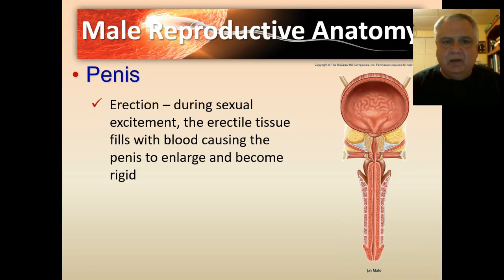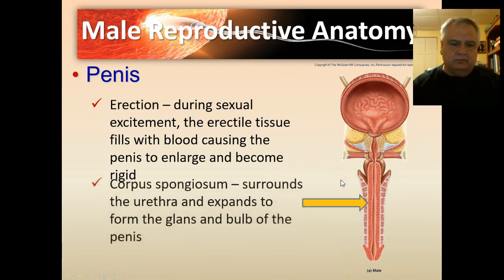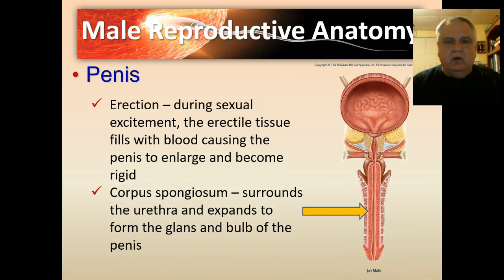But what's going to happen is the blood vessels in these vascular spaces are going to dilate, and that's going to bring larger amounts of blood into those blood vessels. The blood vessels are going to swell, and they're going to push up against those vascular spaces. That will cause the penis to enlarge and to become rigid so that it makes intercourse easier to occur.